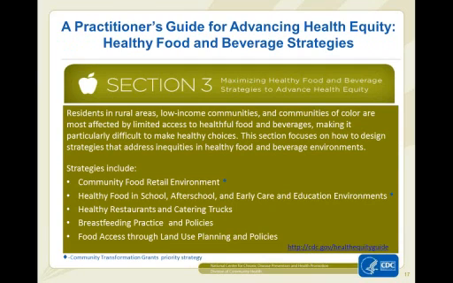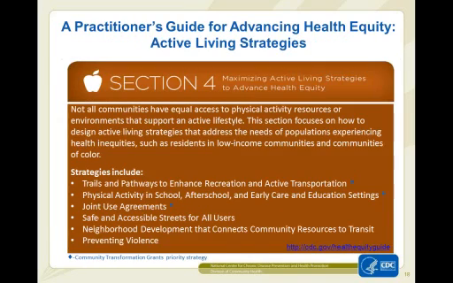In Section 3 of the Health Equity Guide, there are 5 strategies focused on healthy food and beverage, and 2 are priority strategies for the Community Transformation Grants. And then Section 4 of the Health Equity Guide is focused on active living strategies.